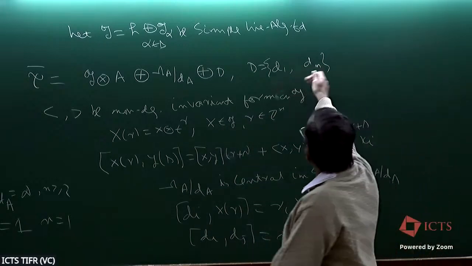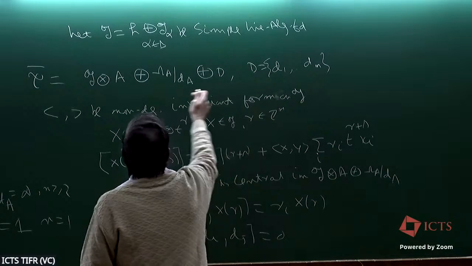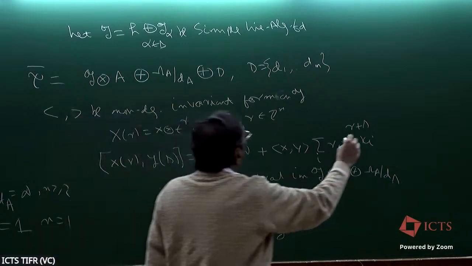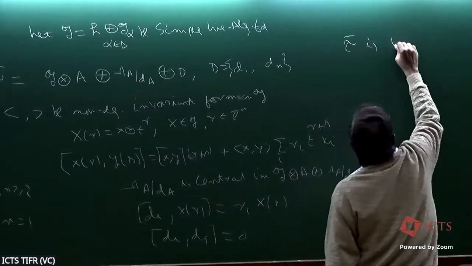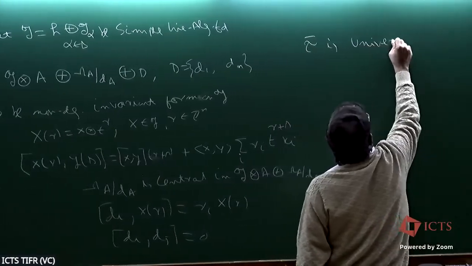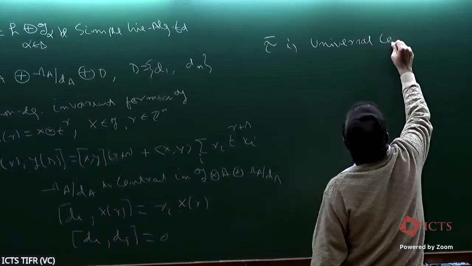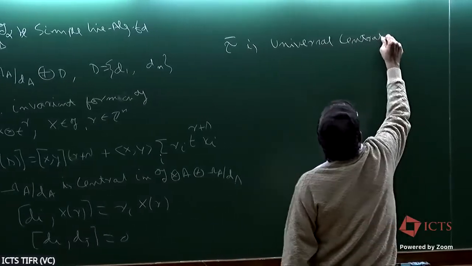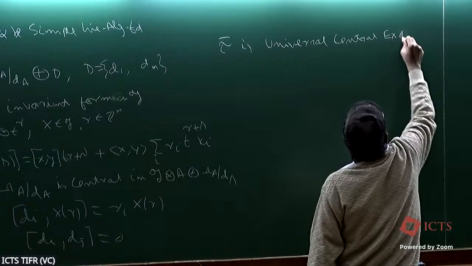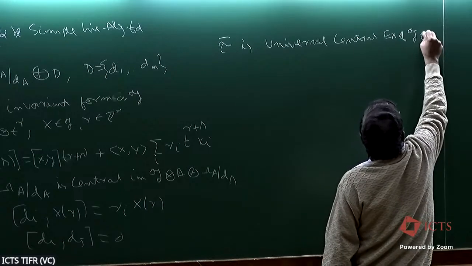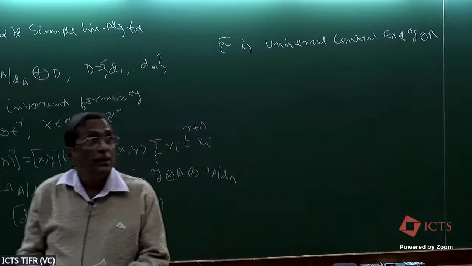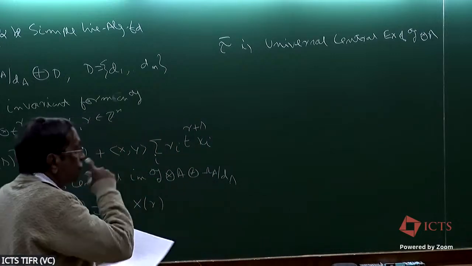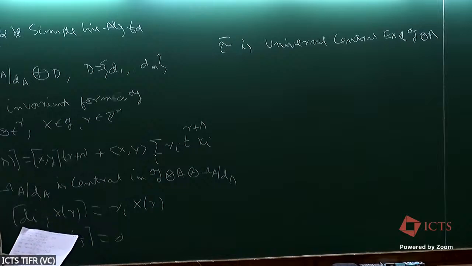If you just forget d for some time, it's actually the universal central extension of g tensor A. This is a known result. We don't need it.